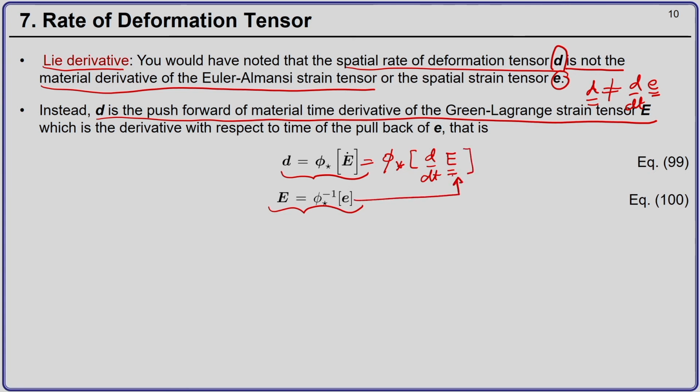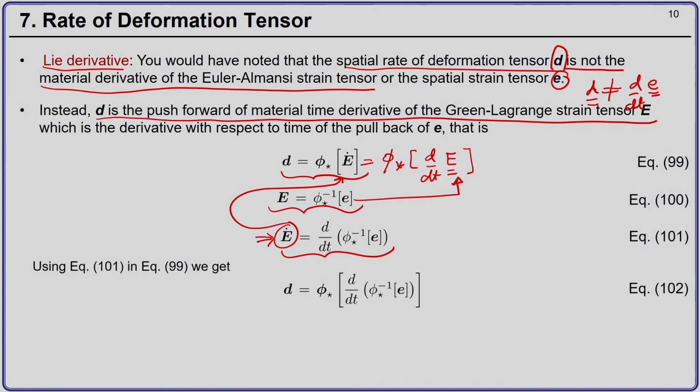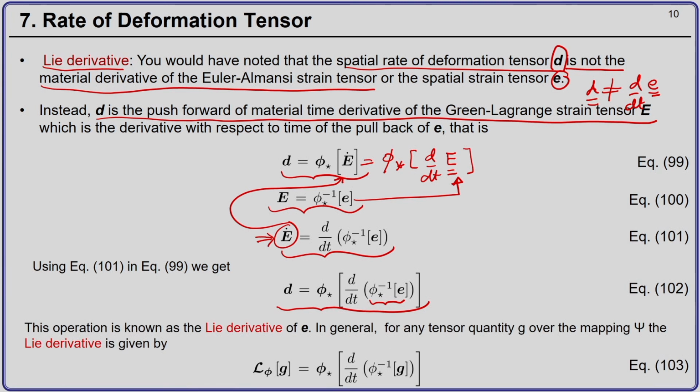E is this quantity over here. So, I can write E dot as d by dt of the pullback of the Euler-Almansi strain tensor. I can substitute it here. I can say that D is nothing but the push forward of the material time derivative of the pullback of the Euler-Almansi strain tensor. Okay. So, this operation is called the Lie derivative of E.